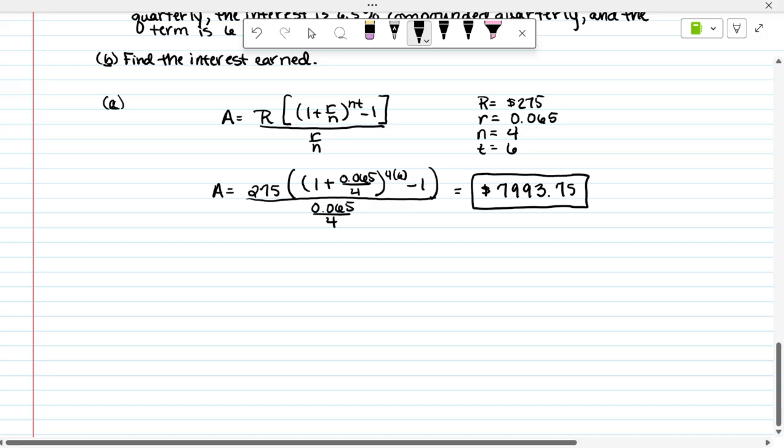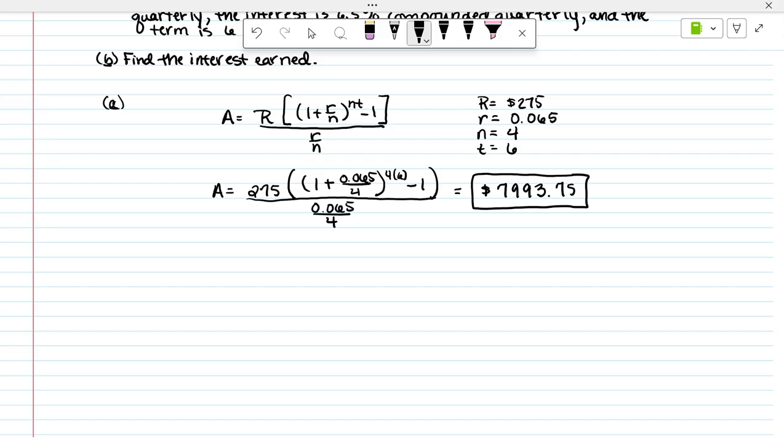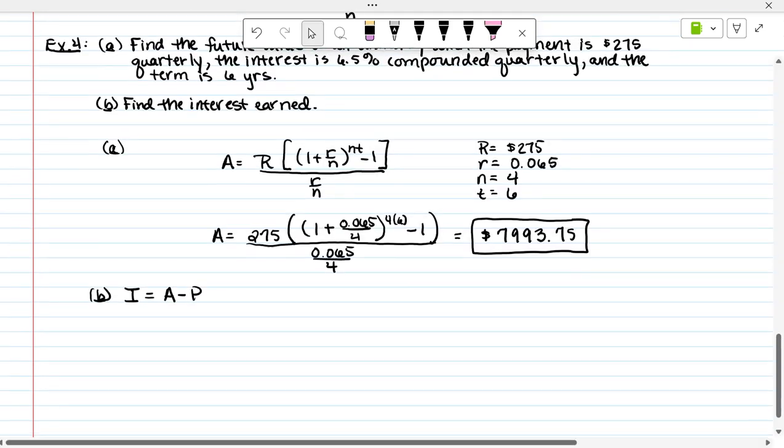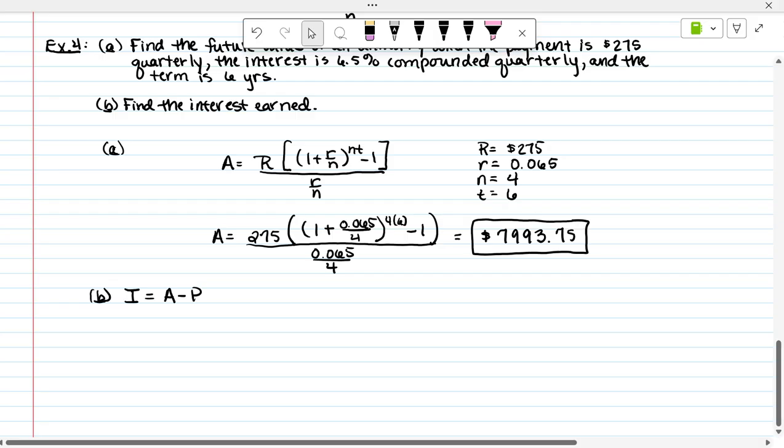Okay, so you're thinking, well, that's not too bad. I started with 275, but let's think about it, guys. B says find the interest earned. Well, we know my interest is actually going to be A minus P. And you're going, yeah, that's still good, because you're thinking that P is 275.